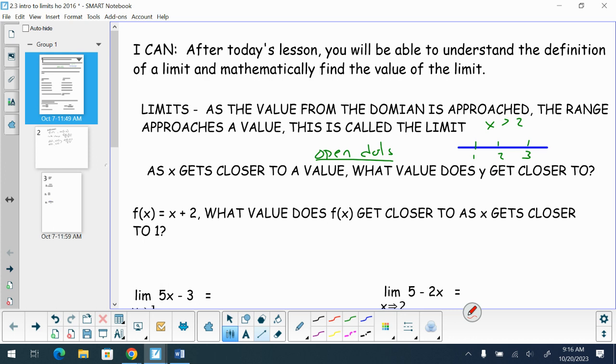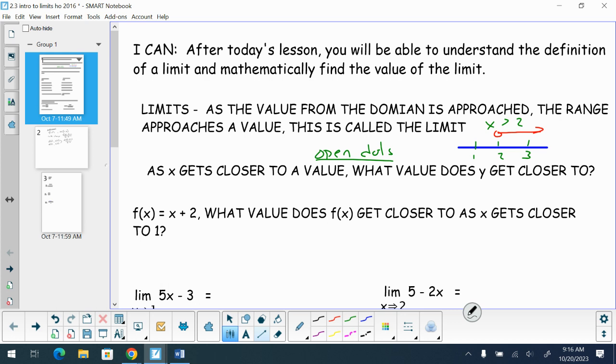An open dot. And we go to the right. What's my smallest x value right next to the value 2? Well, we can say it's 2.1, then 2.01, then 2.0001, and 2.00001. We can get closer and closer and closer to this 2.